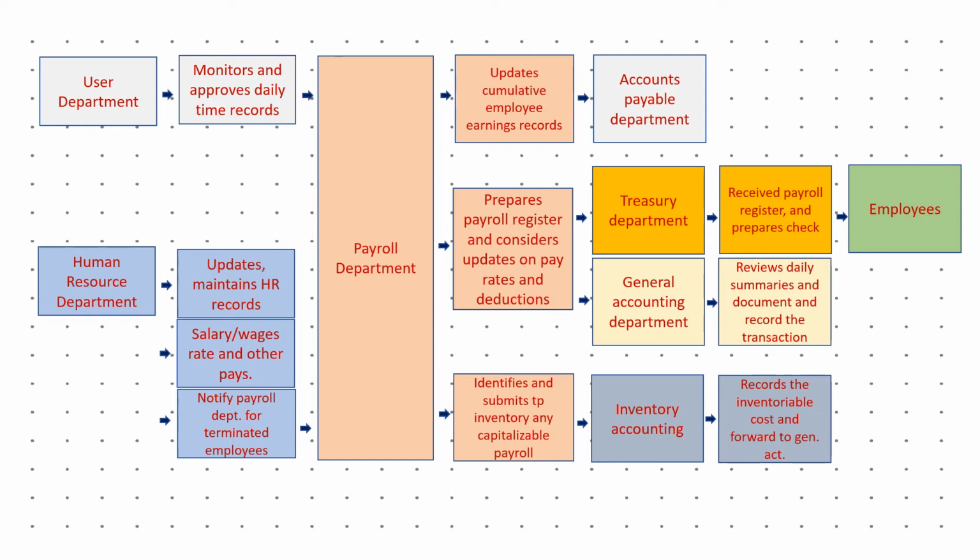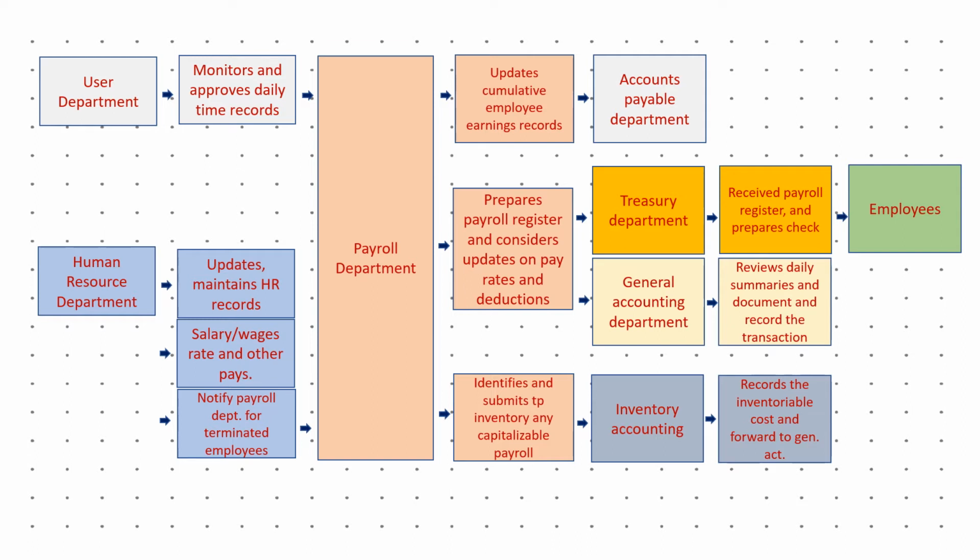After that, they will present it to the payroll department. But before that, we also have the human resource department. The human resource department has the objective to ensure that the employees included in the payroll rendered services to the entity. So what does the human resource department do?